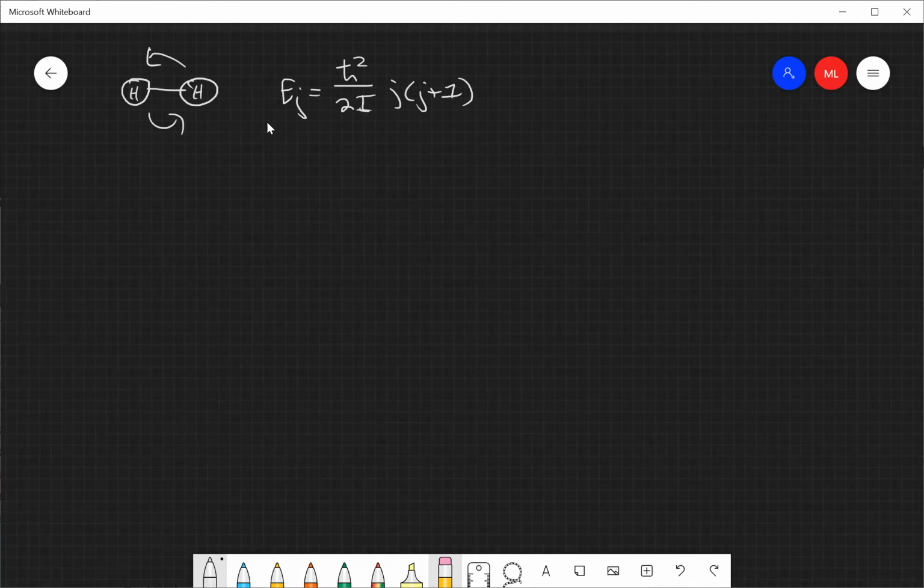Well, what's interesting is that because of this property that the hydrogens have to obey, because they're identical, they have to obey either fermionic or bosonic statistics. This actually has a consequence on the rotational spectra.